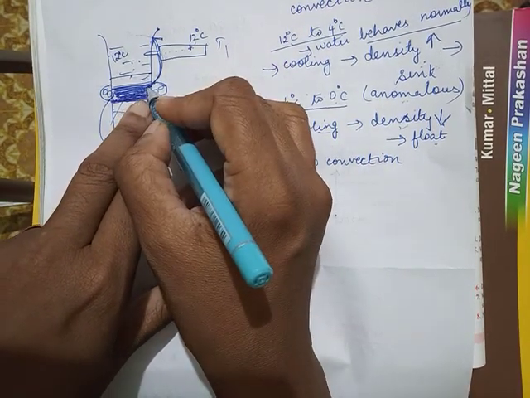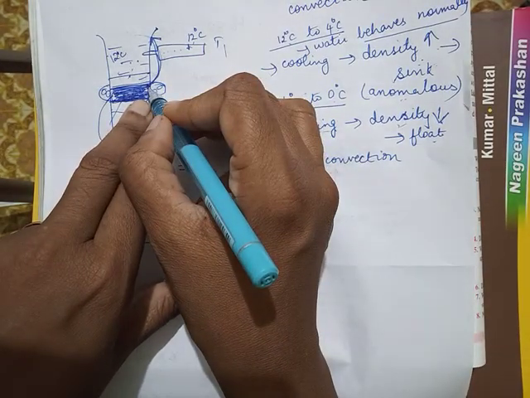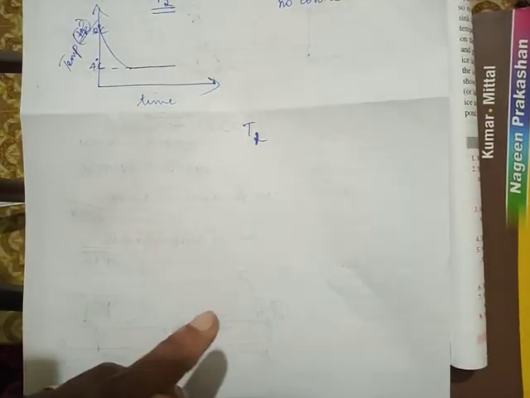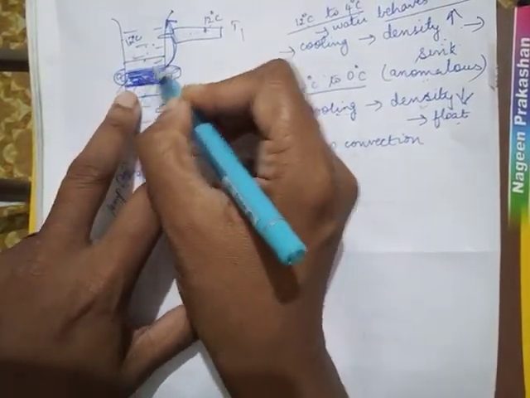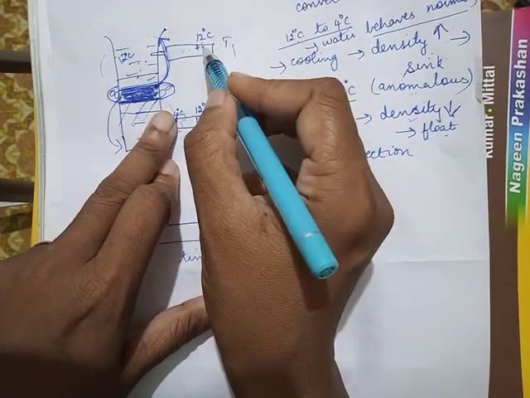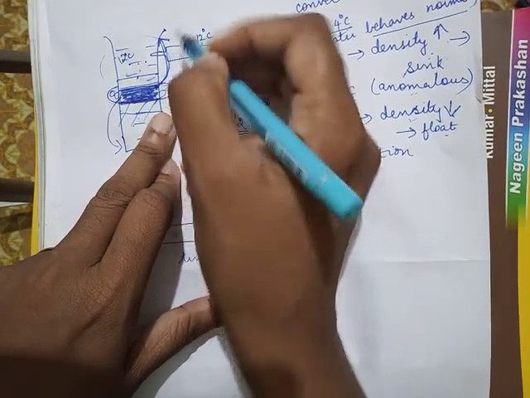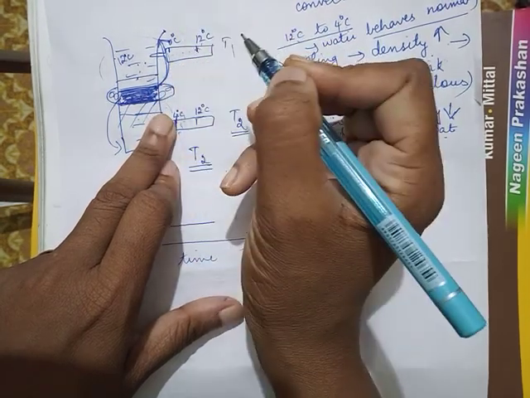Till 4, it will show the same thing. Again, below 4. Okay, so once this reaches 4, now convection will happen in the upper part. So now this thermometer will start showing a fall in temperature, and it will fall till 0 degrees Celsius.